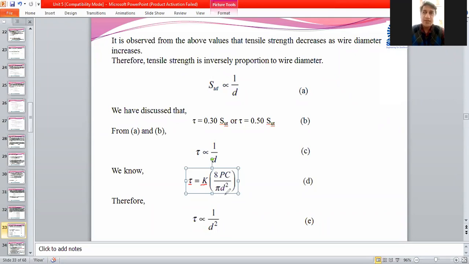And from that diameter of wire, the rest of the dimensions can be calculated, that is coil diameter, free length, solid length, deflection, all that.